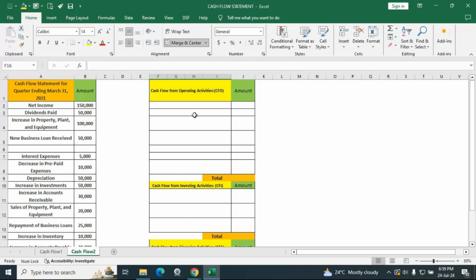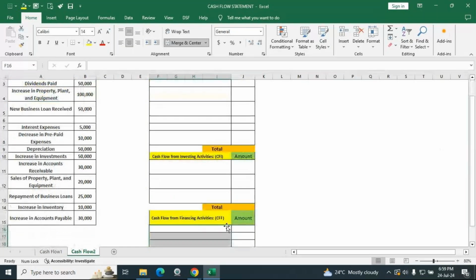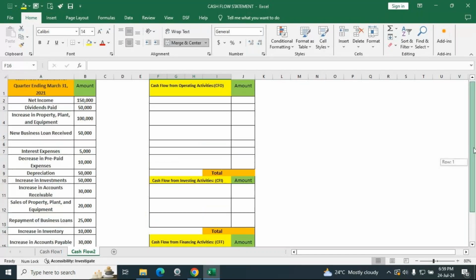The same way you need to do it for the cash flow too. Here you need to identify the line items which have to come under operating activities, investing activities, and then financing activities. Clear about it? You need to understand which one it has to come under: either an investment is happening, or a financing activity, or an operating activity.